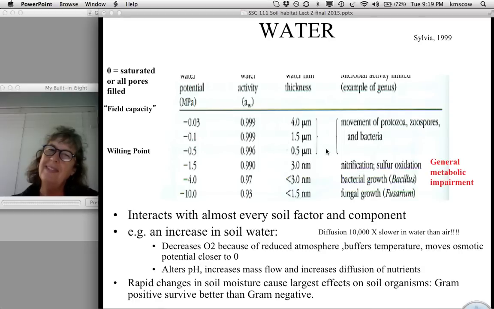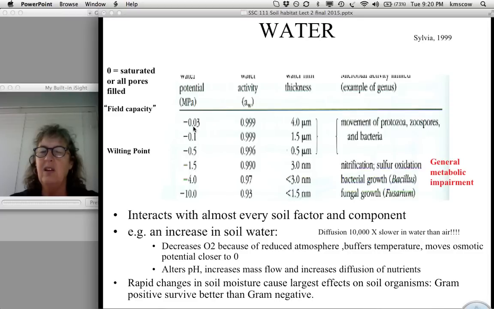So it's kind of hard to put good numbers on where things drop off, but there's a few rules of thumb that we can come up with. And this figure is really awful, and I don't know why it looks this way. But anyway, this is megapascals here in this figure, and this is wilting point here, minus 1.5 megapascals.